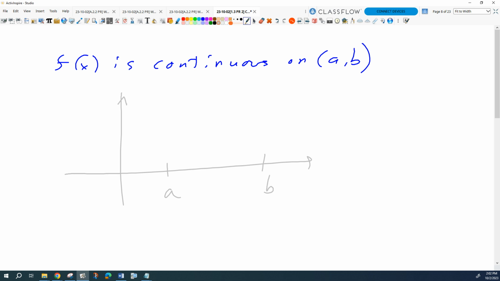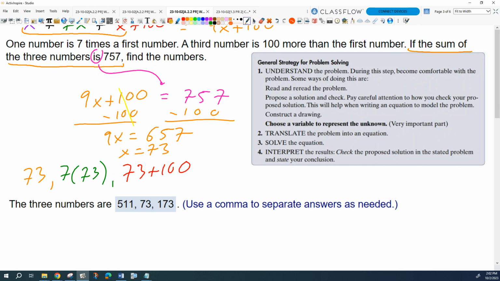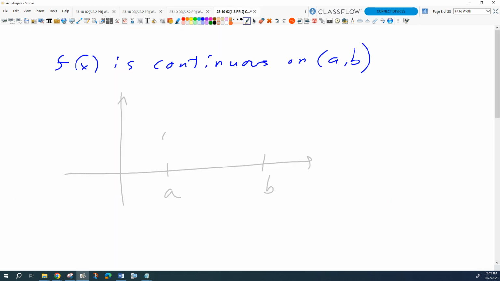I could never pick an appropriate starting place. But I can get around that by doing this instead, right? There, I graphed it. What does that open endpoint mean on that interval? Okay, it means it includes everything except that point. So there, I graphed it, right? I just graphed a function that's continuous on the open interval from A to B, okay?